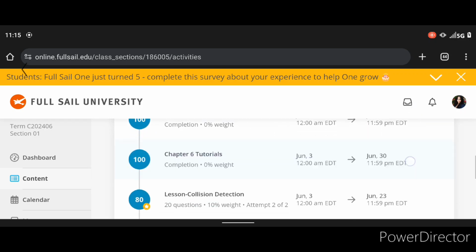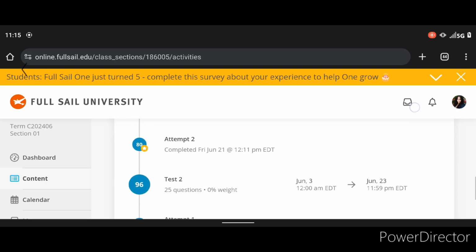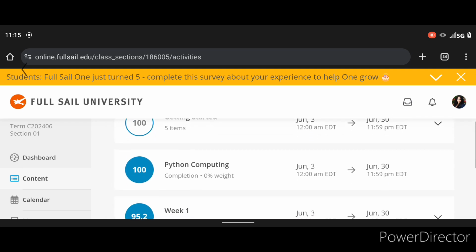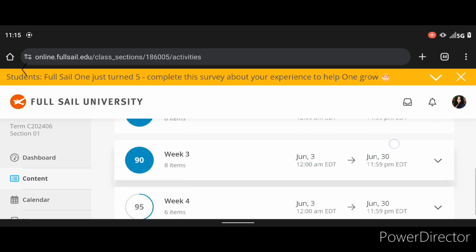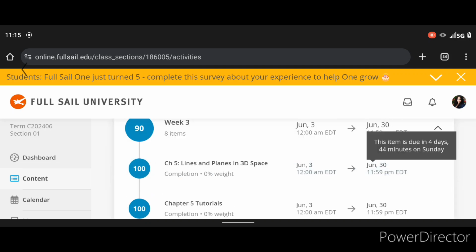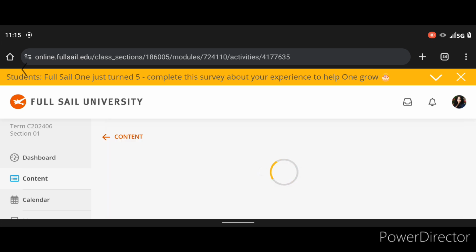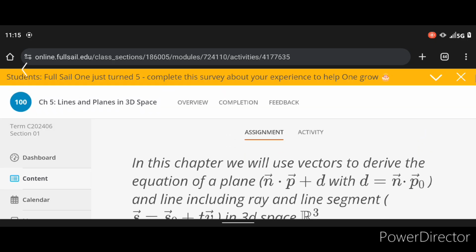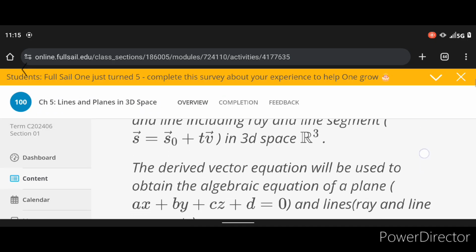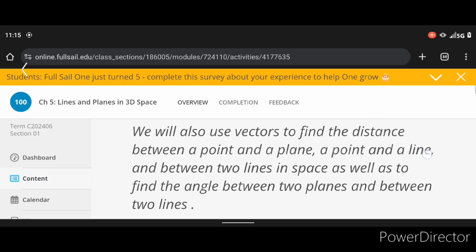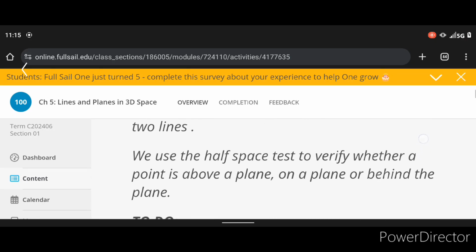Chapter 5 was on lines and planes in 3D space. Chapter 6 was on collision detection. In chapter 5, it was basically all about using vectors to find the distance between a point and a plane, or determining the distance between 2 lines in space.